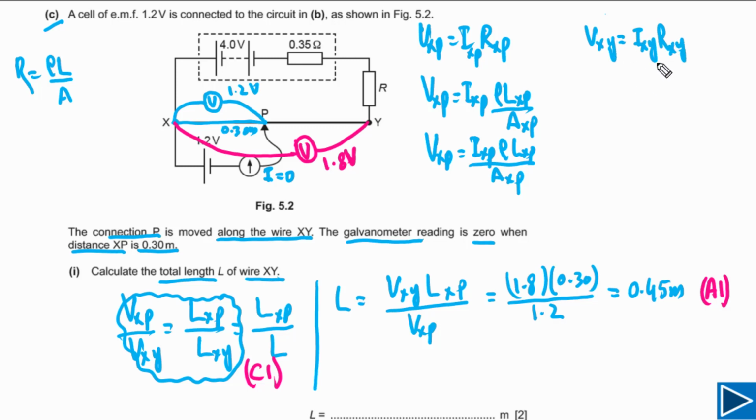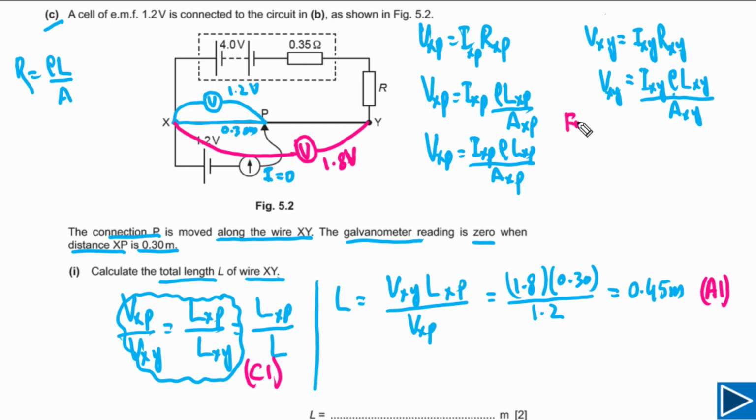I is the current passing through wire XY. So we can write down this IXY. Resistance we can write down is resistivity times length of the wire XY divided by the cross-sectional area of the wire. So we can say this is AXY. So this is VXY. Now we need to understand for these two wires what is the same.